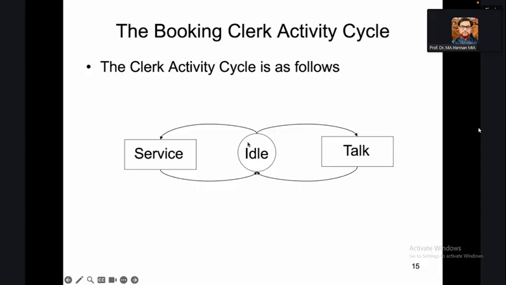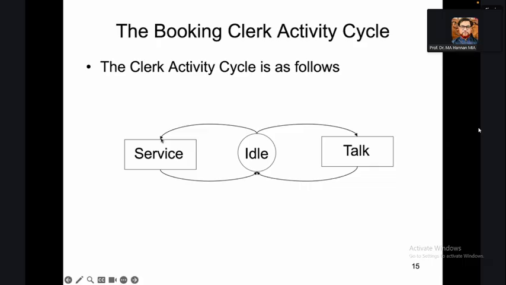So booking clerk, before, again please, before any inquirer is calling, no person is coming, he is in idle state. When he receives a telephone call, he receives it and talks. He is in active state. Okay? When his conversation is over, he again comes to a dead state or idle state and provides some services.